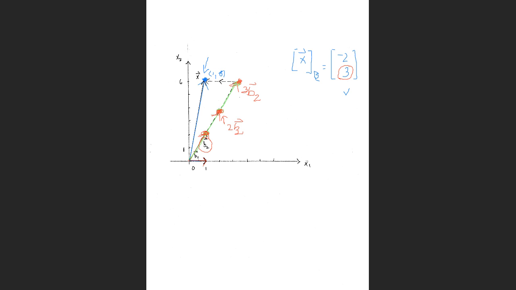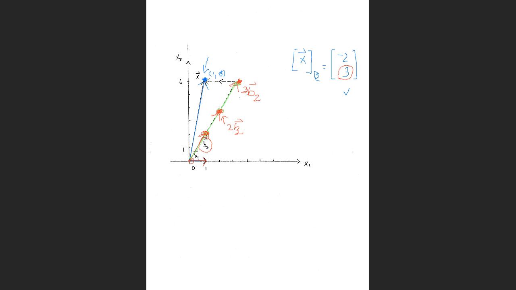My units now are not E1 and E2. My unit vectors are not like i and j. My unit vectors are vectors B1 and B2. So from the origin, I went 3 B2 vector units, and that got me here.